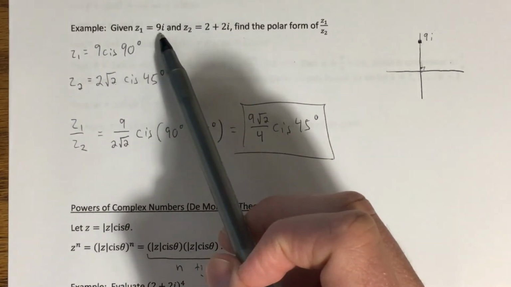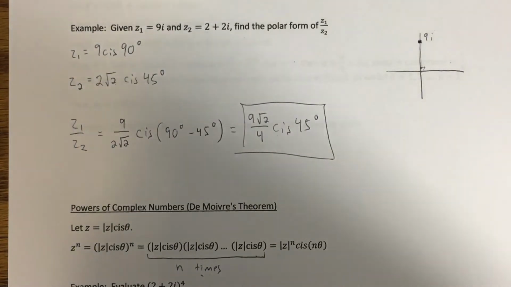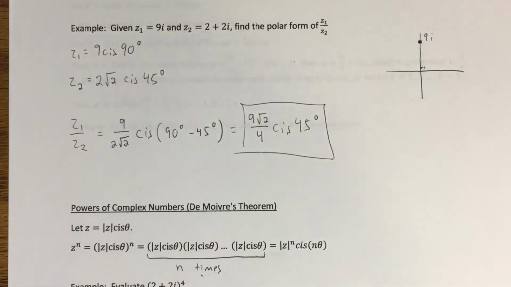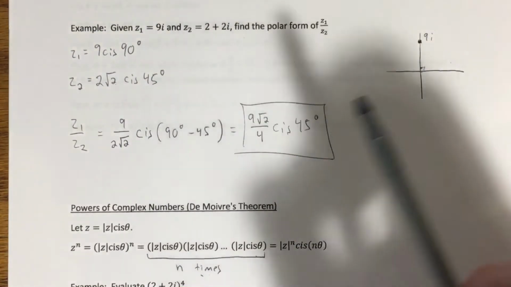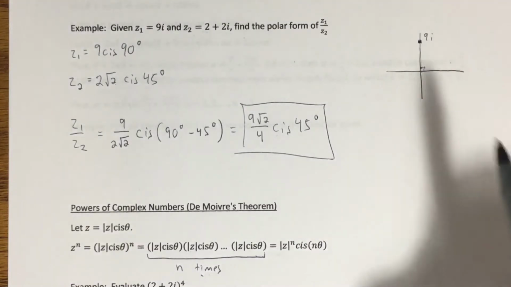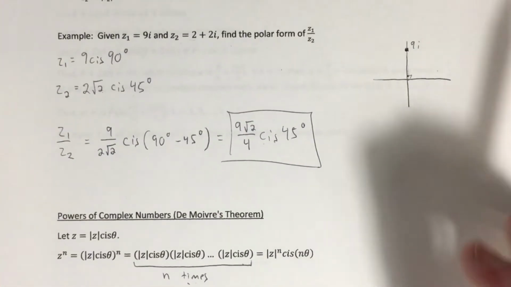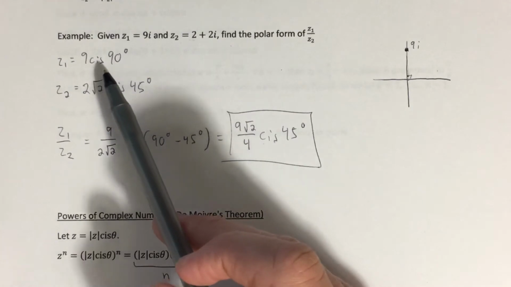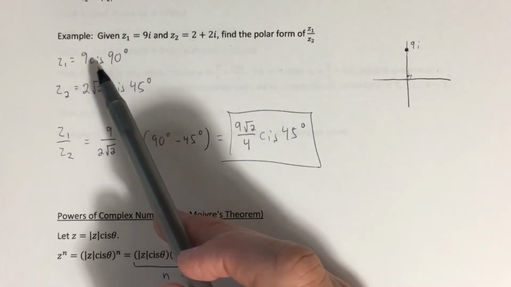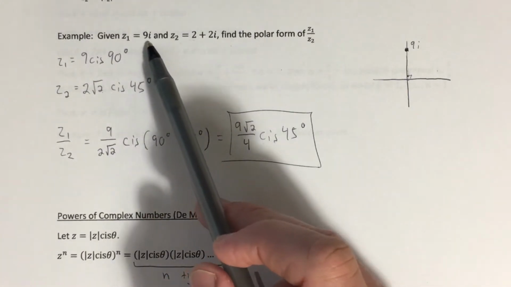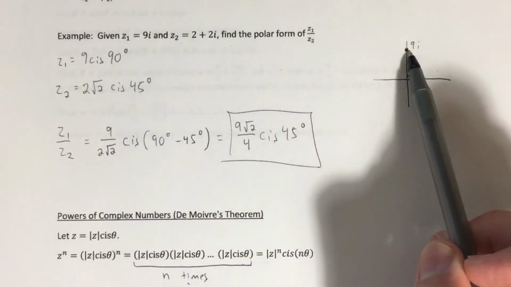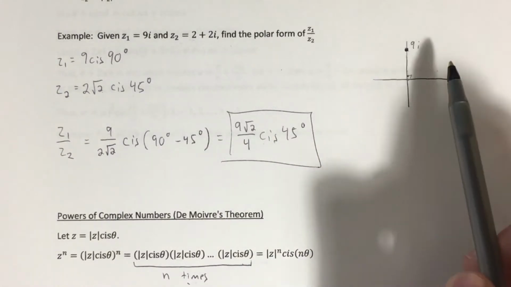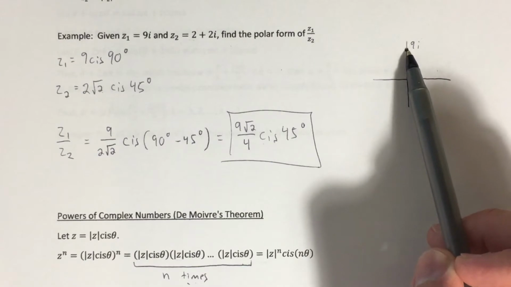Now, you can use the conversion formulas that we did. We've already done an example of converting a complex number into polar form, but sometimes it's actually easier just to visualize in the complex plane where a complex number belongs to determine its absolute value and argument. In this case, 9i would be right here. It's a purely imaginary number, so it's on the imaginary axis.